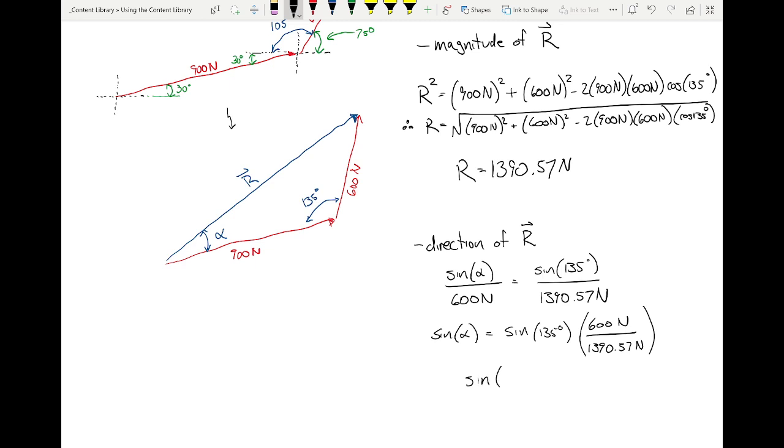Let's do that first. Let's not rush. What's the sine of alpha equal? So sine of 135 times 600 over that. And let's be a little accurate. Let's go like 4 decimal places so we all get the same answer. We'll do the inverse sine later.